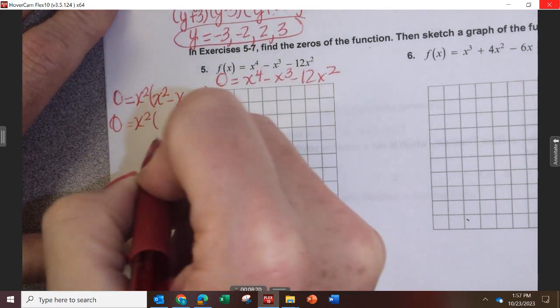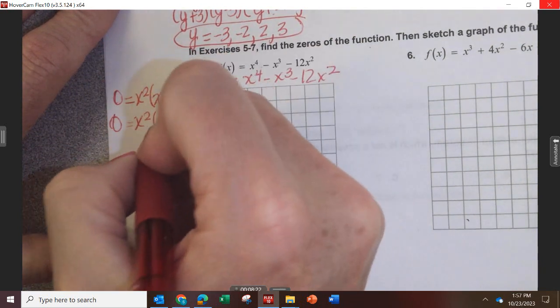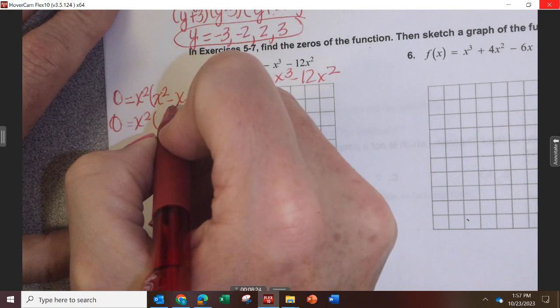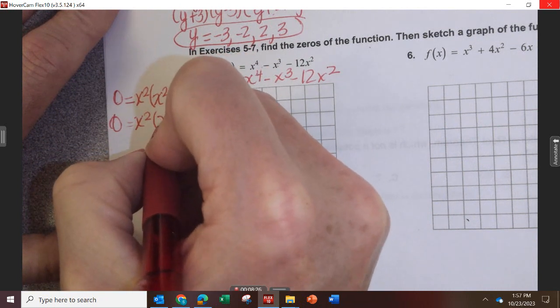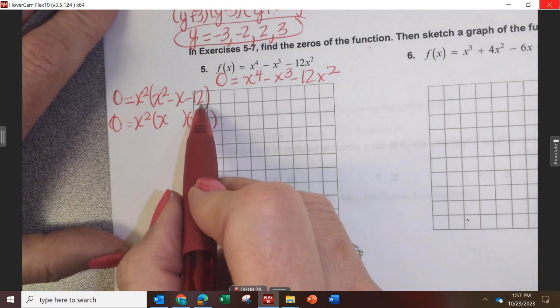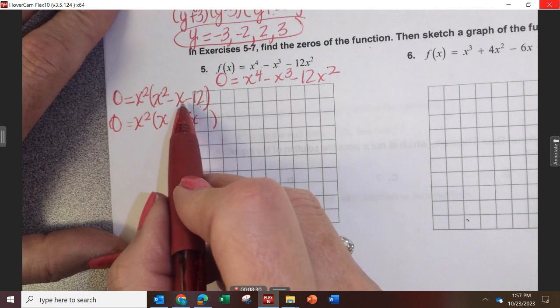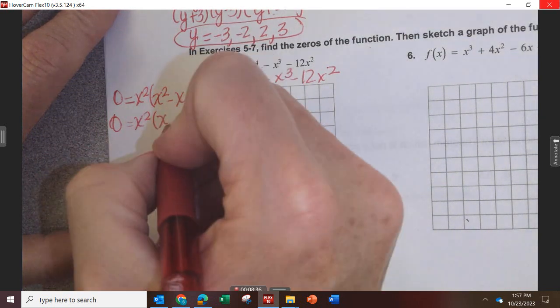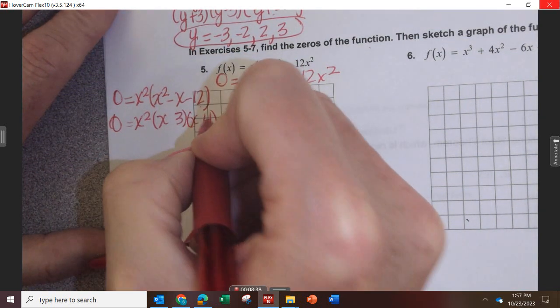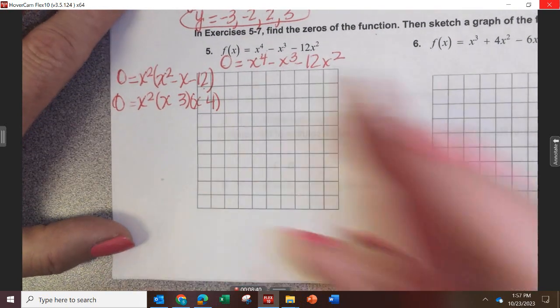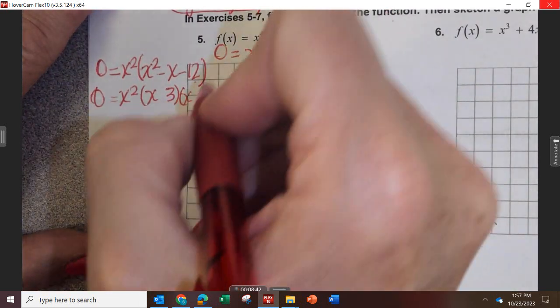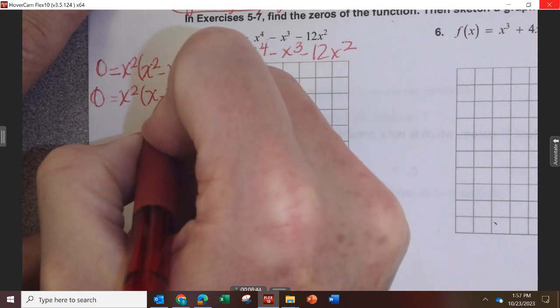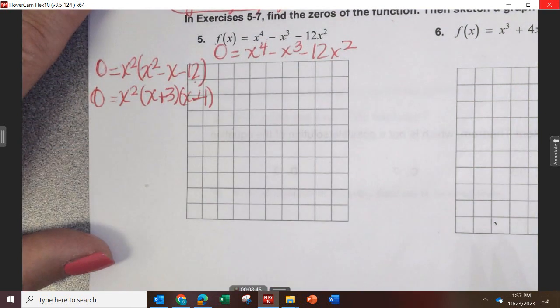How's the trinomial going to factor? Are there numbers that multiply to be 12 and subtract to be 1? 3 and 4, good. And we would need which one to be negative? Good. So we're going to have the 4 negative, and we're going to have the 3 positive.